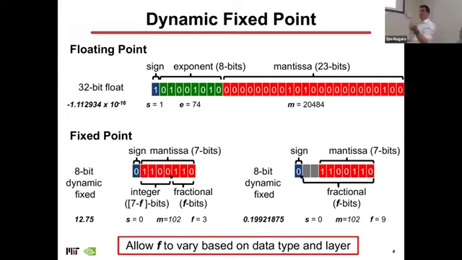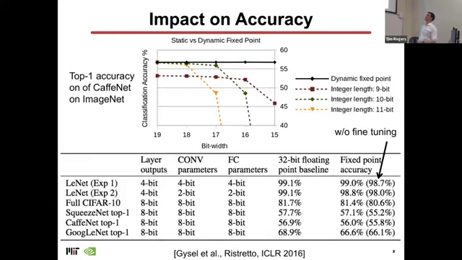But now that this is super important, people are coming up with all different funky ways of representing numbers inexactly. Dynamic fixed point is one thing that's been looked at. You can vary where the fraction is based on the layer to not kill accuracy, but get increased performance.